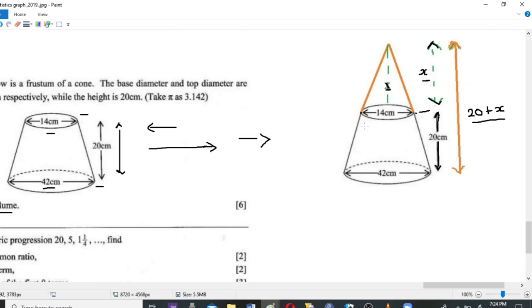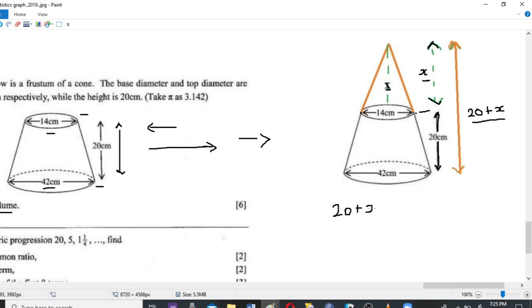How are we going to do that? We need to use ratios. We are going to use the height divided by its base diameter. If we consider the complete frustum, the height for the whole thing is 20 centimeters plus x.